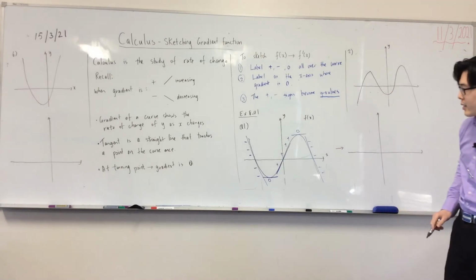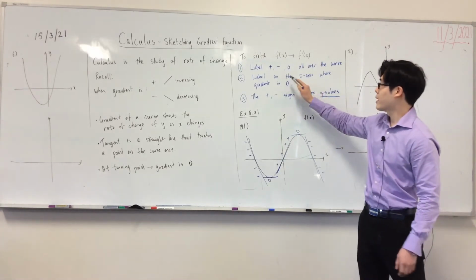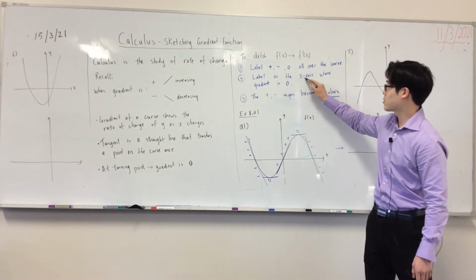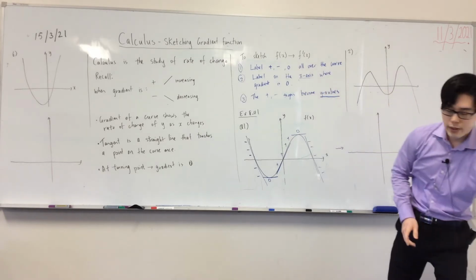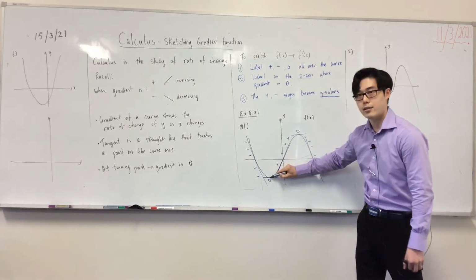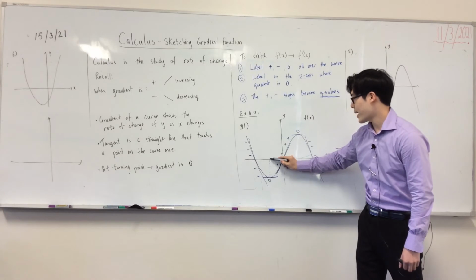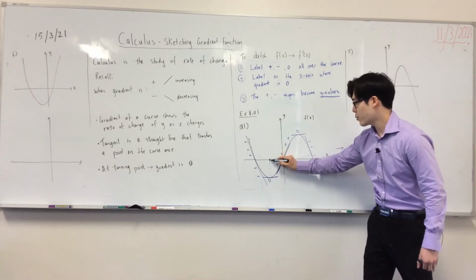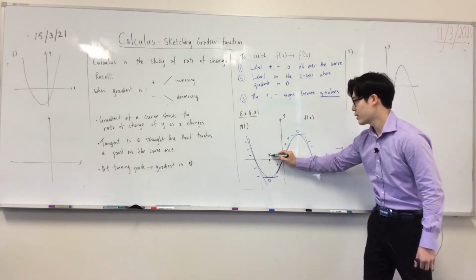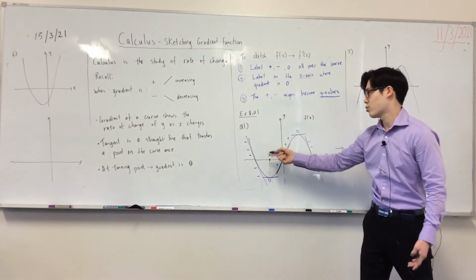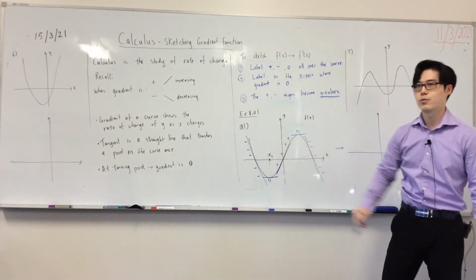Here's how you do it. Before I do, the second step is to label on the x-axis where the gradient is 0. See how the gradient is 0 at this point? Go back to the x-axis and label that point. Let's call it x1. It can be any value, like 1, 2, minus 1, minus 2, whatever.